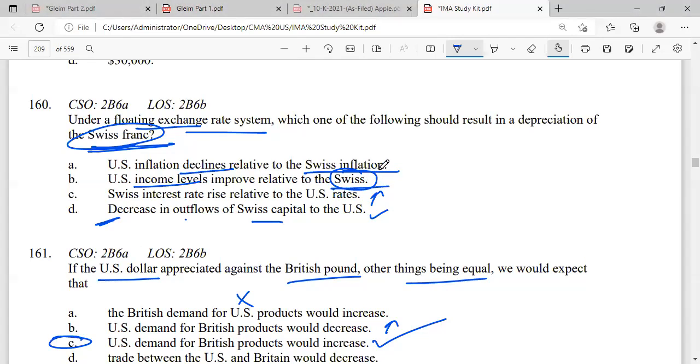No. See, you are using a floating exchange rate system, so you are going in your own manner, your sales and purchases in the system. Here, US inflation declines relative to Swiss inflation is the answer for you.